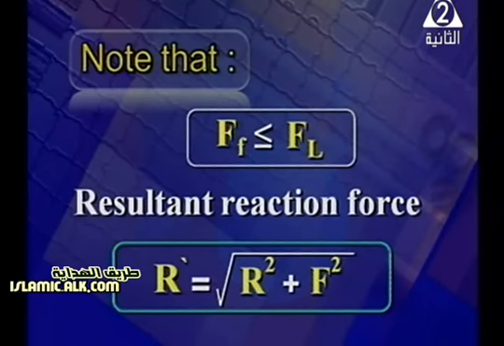Dear student, when a body is put on the table, the body acts on the table by its weight. Every action has a reaction equal in magnitude and opposite in direction. Dear student, Newton's third law says every action has a reaction equal in magnitude and opposite in direction.